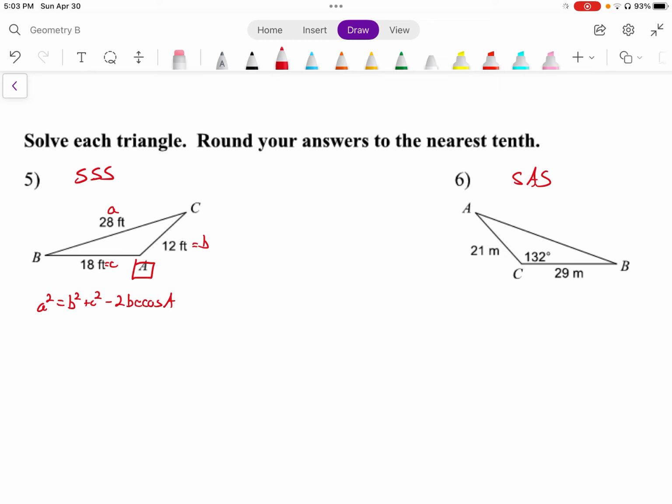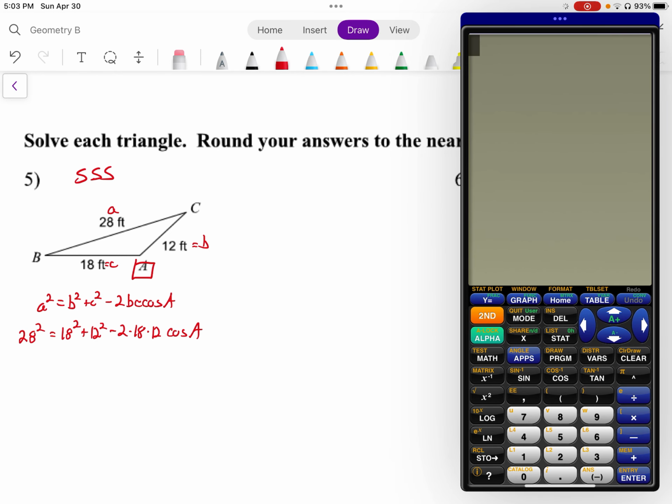So a is 28, so we have 28 squared equals b squared, which is 18 squared, plus 12 squared, minus 2 times 18 times 12 times the cosine of A. So let's start doing some of our math here, 28 squared, we need to find what that is. That's 784.